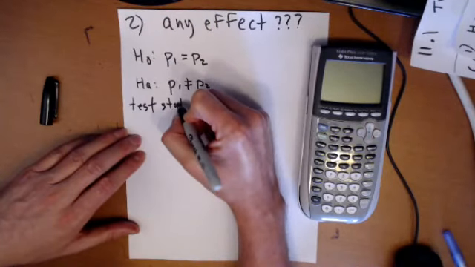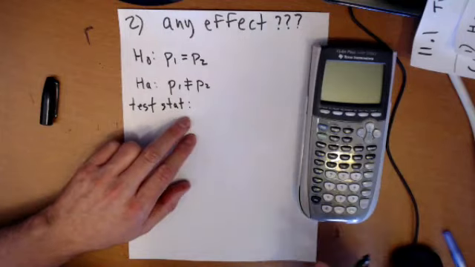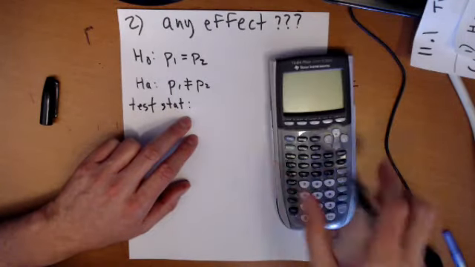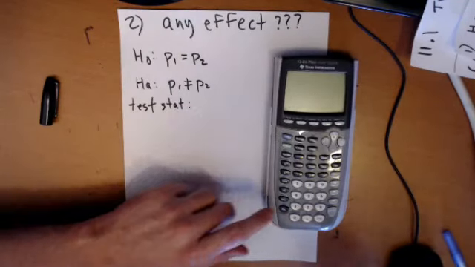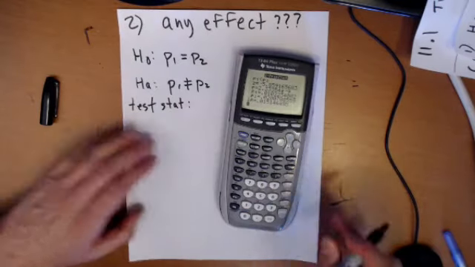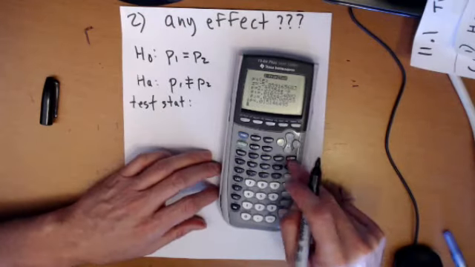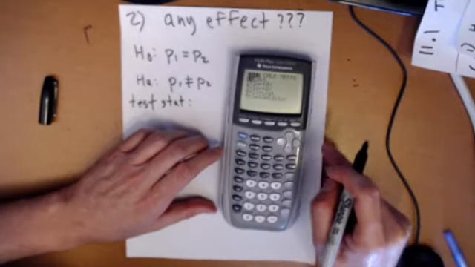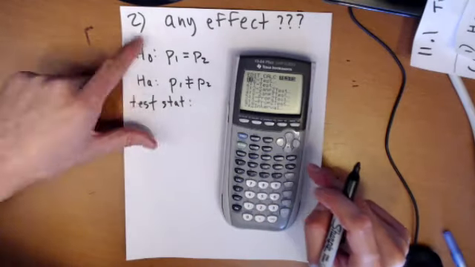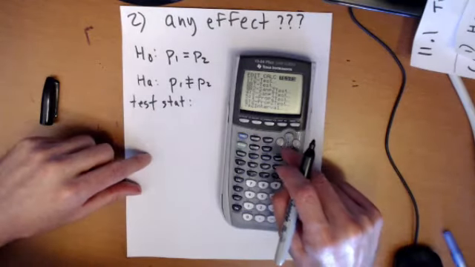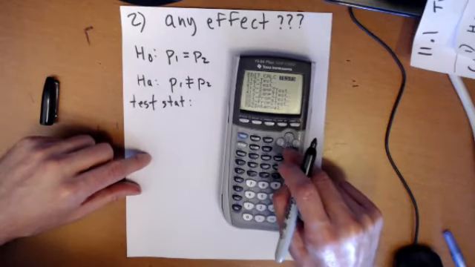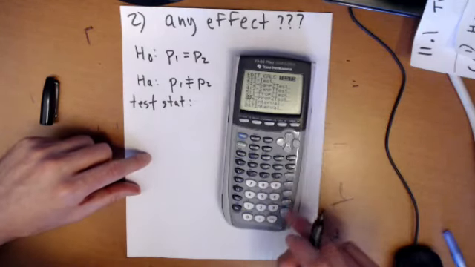Test stat. Okay, so we just got to throw the data in there. Clear stat tests. So hypothesis test, two proportions, go down to two prop z test, enter.